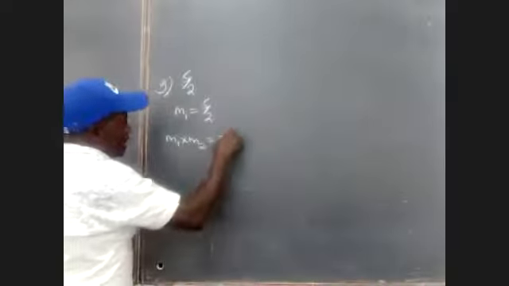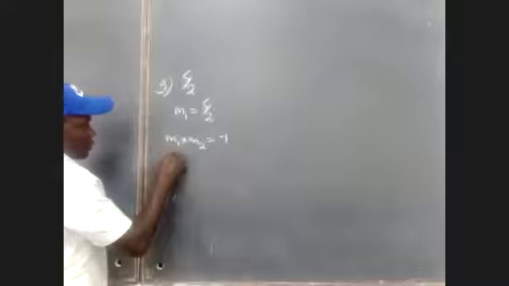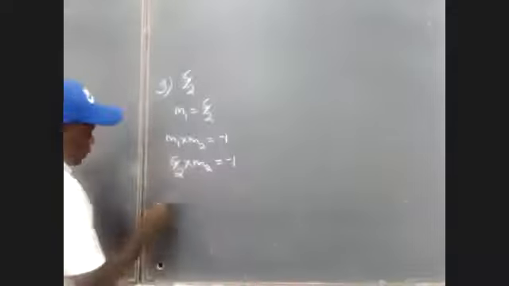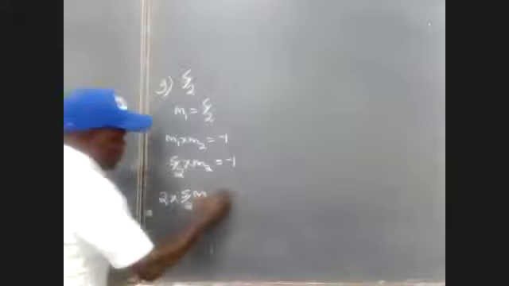So we write M1 times M2 is equal to negative 1. That's very good. 5 out of 2 times M2 is equal to negative 1. So we multiply by 2 on both sides. Very good.